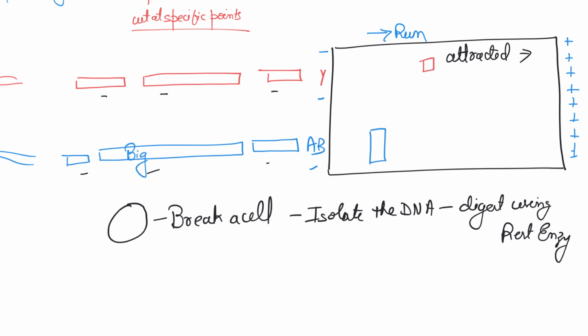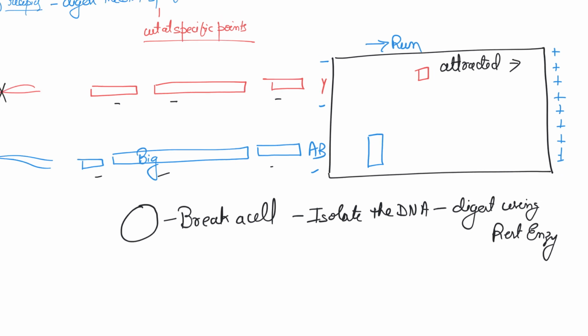So you get a print. You get a print of differences in the DNA because of the differences in the sequence. This is one way of understanding the differences in the sequence.